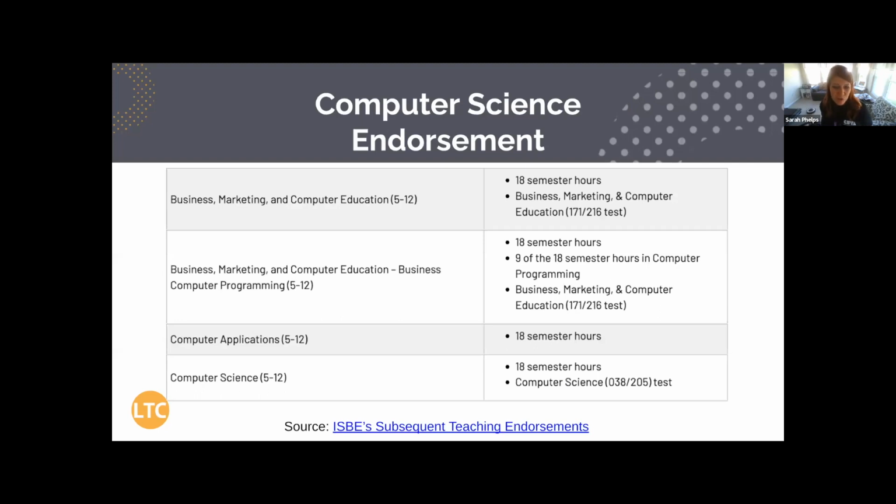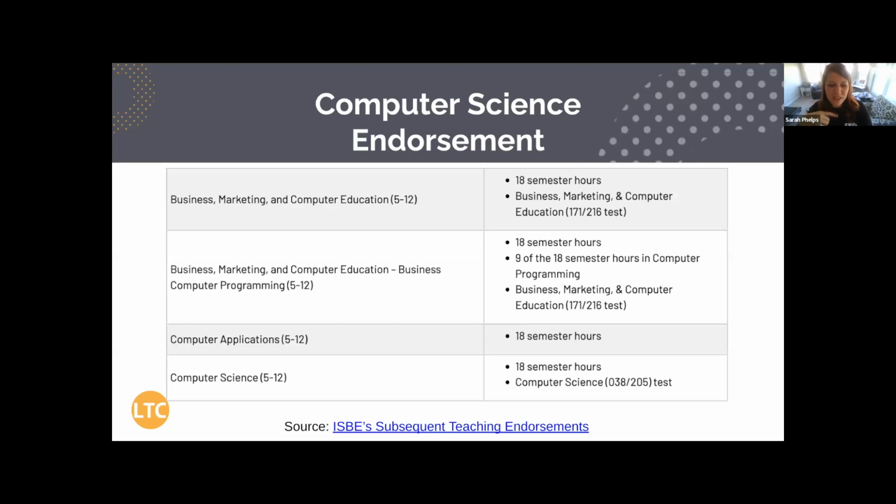If you want the endorsement for computer science, or if you're going to be the computer science teacher and teach a full class load of computer science, then these are the endorsements that you can get that qualify you. There's business marketing and computer education, business marketing, computer education with the business computer programming, computer science and computer applications. And you will notice that all of them have a test except for computer applications.